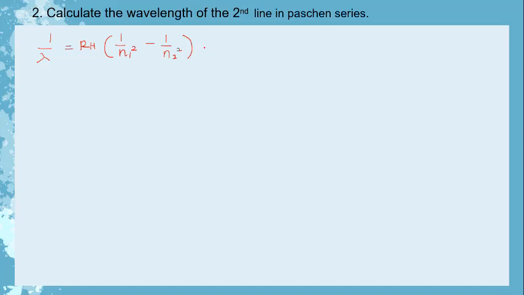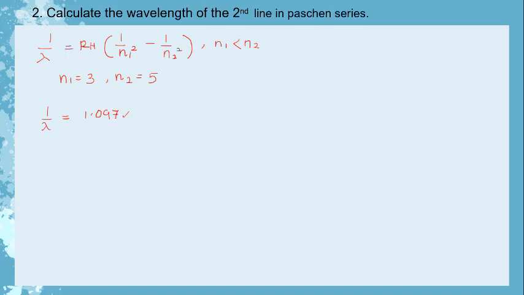For this formula, n1 should be less than n2. Therefore, n1 equal to 3 and n2 equal to 5. Let's substitute all the values.